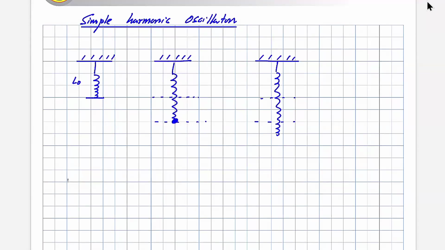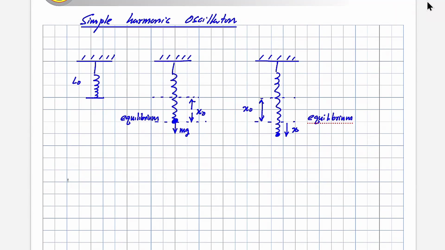This object is attached. This extension is x0. So this is my equilibrium situation. Now I'm going to pull this. How much? X amount. So this is x0. I'm going to pull this a little bit. Why am I pulling it? To perturb the system.